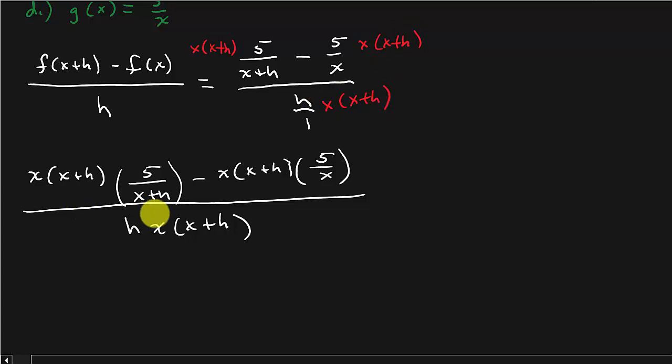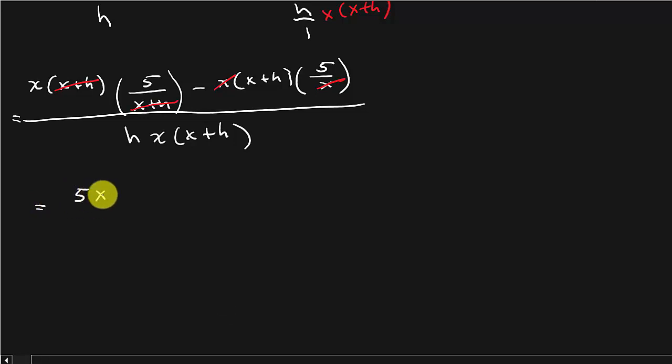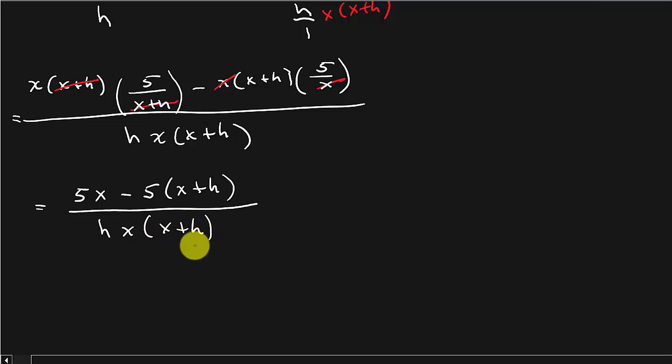That's all I did for this. Okay? And then look what happens. See here, the x plus h's cancel. Here the x's cancel. And so I am left with, what is that? 5x minus 5 times x plus h over h times x plus h.